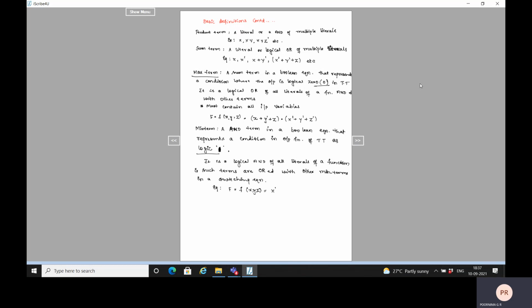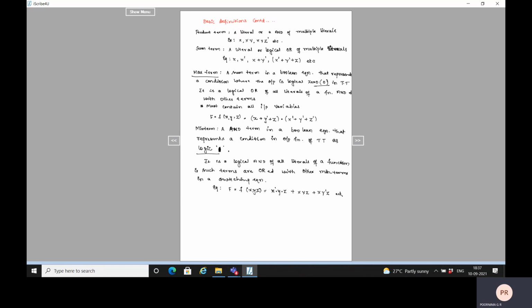So, x bar ANDed with y, z. Between the literals there should be an AND operation, and between such min terms there should be an OR operation. This illustrates a min term and a min terms expression.